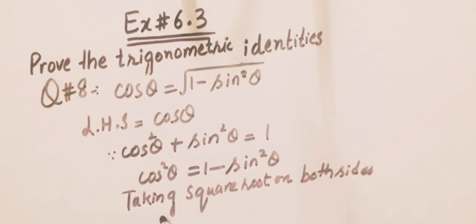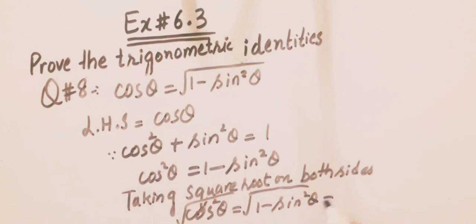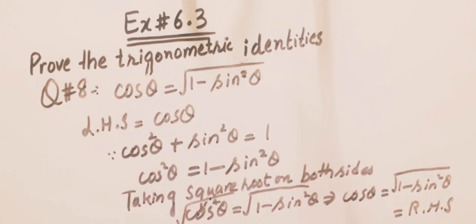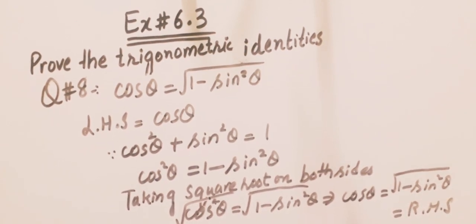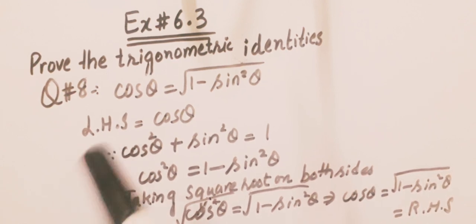Then we have cos theta is equal to square root of 1 minus sin square theta, which implies that square root will be cancelled by this square. So we have cos of theta is equal to square root of 1 minus sin square theta, which is equal to right hand side. So we easily prove that cos of theta is equal to square root of 1 minus sin square theta.